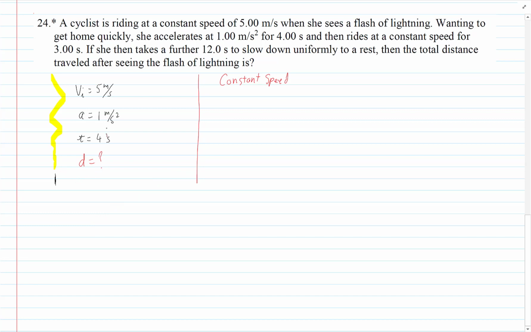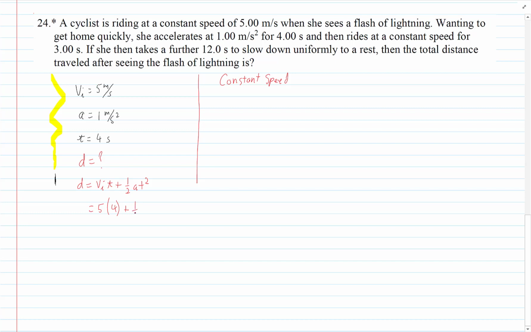D with these three, without the VF, is going to be D equals VIT plus 1/2 AT squared. D is equal to VI, which is 5, times T, which is 4, and that's going to be 20. If she didn't accelerate, she would have traveled 20, speed times time.